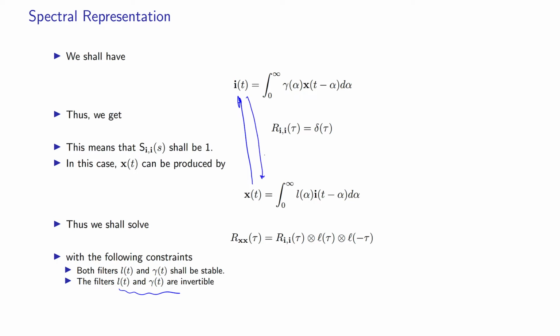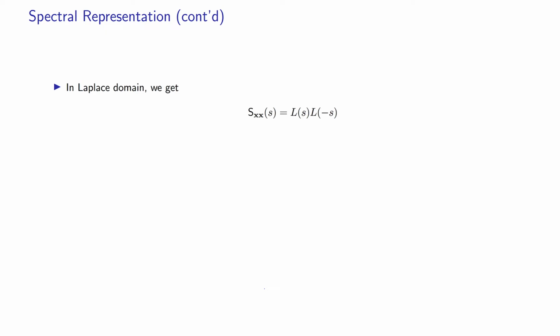Otherwise this is not going to be a representation. So stability and invertibility are always required. Causality is needed when you are implementing in time. Sometimes we could avoid causality by accepting some delays.